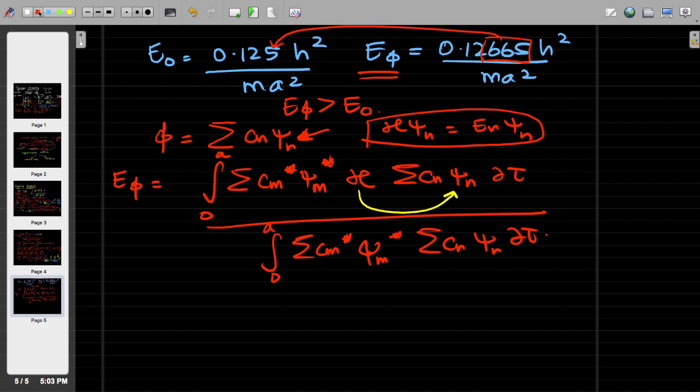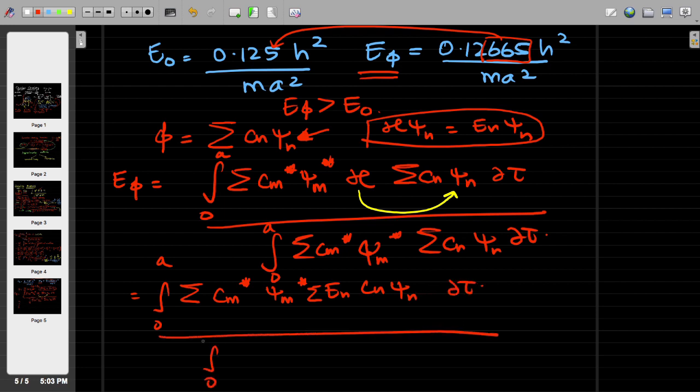You are going to get something of this sort: integral 0 to a, summation Cm star psi m star energy En, summation psi n d tau, the whole divided by, the same case ends up happening here, integral 0 to a Cm star Cn psi n d tau.